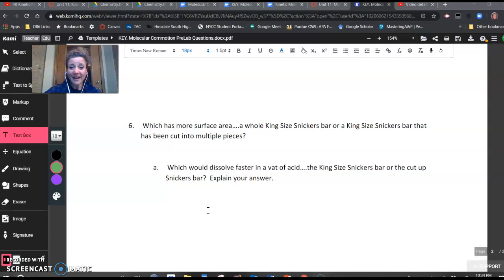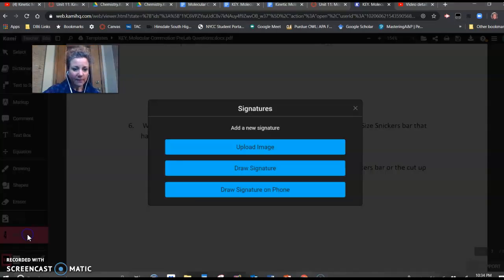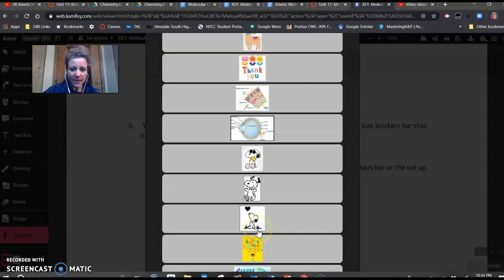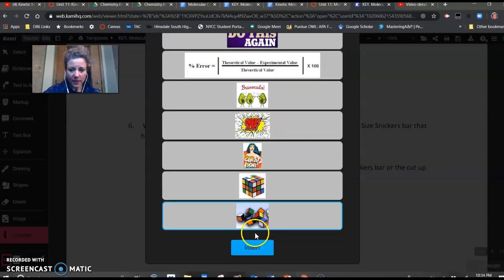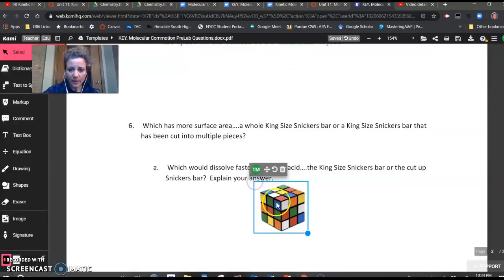Okay, so anyway, in order to explain this to you a little bit better, I have a couple of images to share with you. My first image is that of a Rubik's Cube.